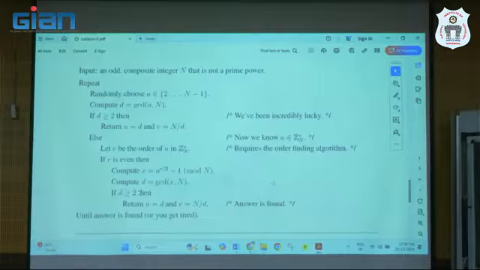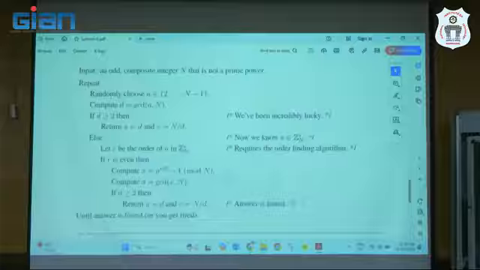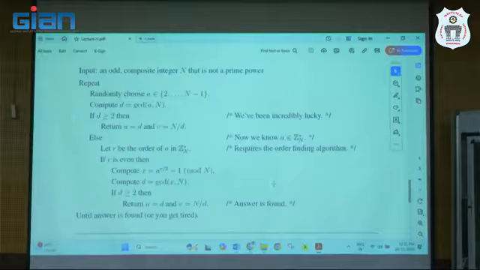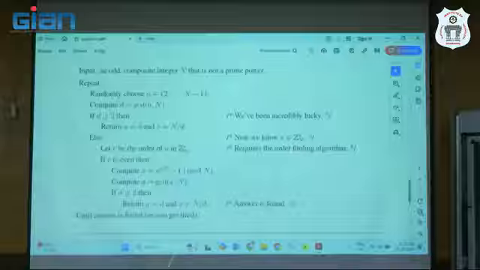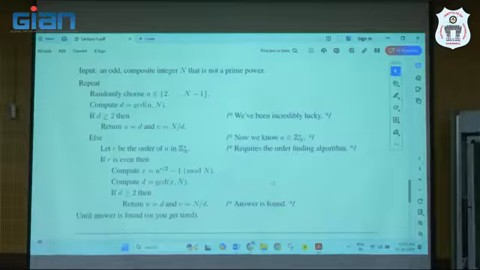You compute X. Again take the GCD of X and N. If D turns out to be greater than or equal to 2, then again you are done, because D divides N. So you have found a factor of N. And if you have not succeeded here or here, then you repeat. That means you randomly choose another A, and repeat.